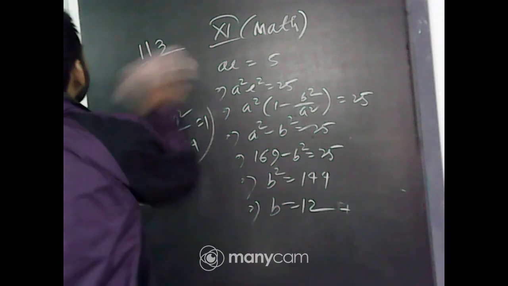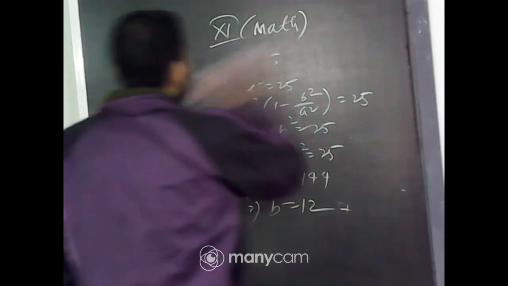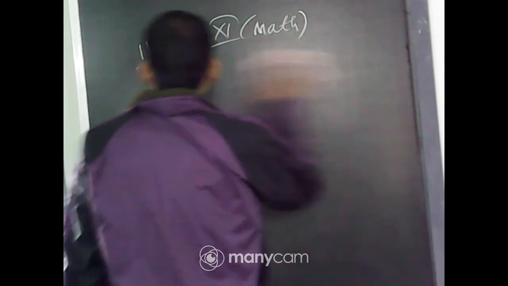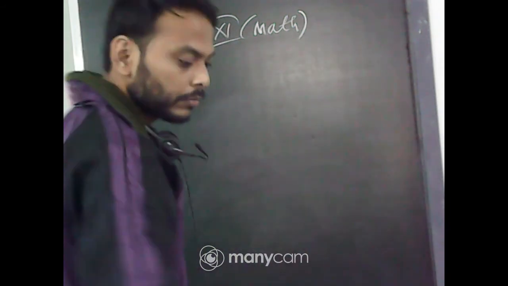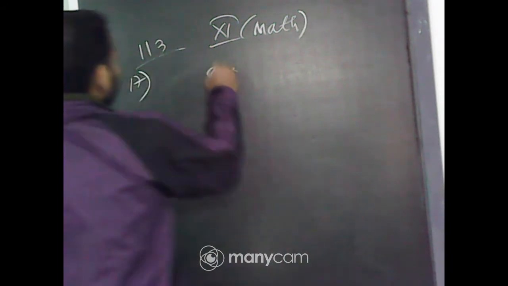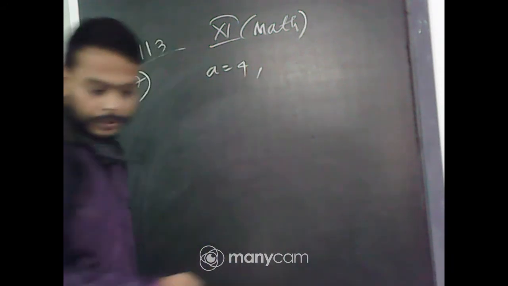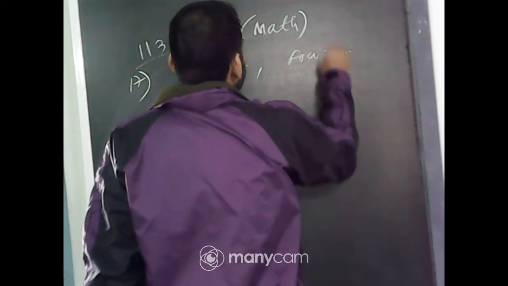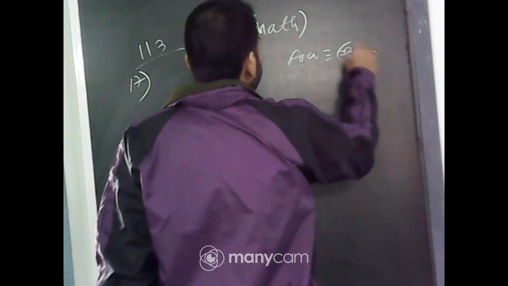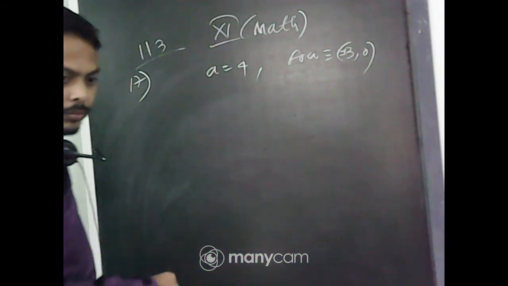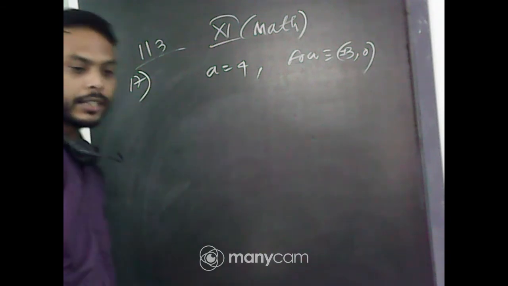Question number 17. A equals 4 is given and the foci that are given are plus minus 3 comma 0. Okay, the axis is the x-axis, very good.